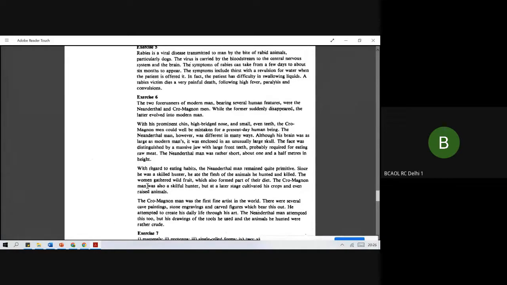This is from your book number 4, Unit 22.